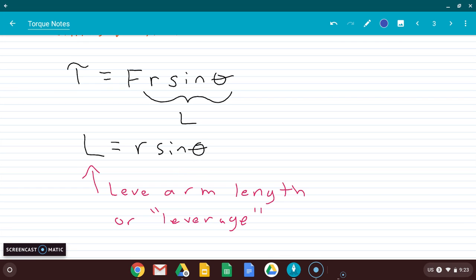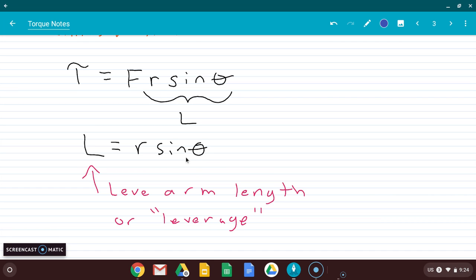Here's some trig things some of you might remember. Why does the angle perpendicular maximize the leverage? Because sine of 90 degrees, that's perpendicular, is 1, right? The sine of 90 is the value 1. Any angle that is not 90 degrees, the sine of any angle that is not 90 is going to be less than 1, a fraction.